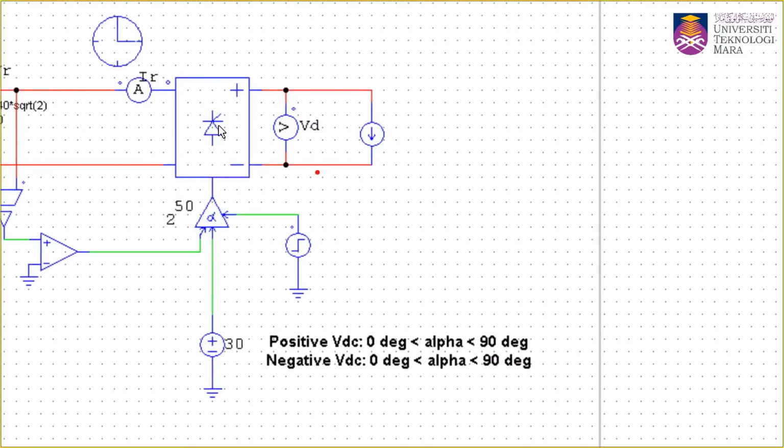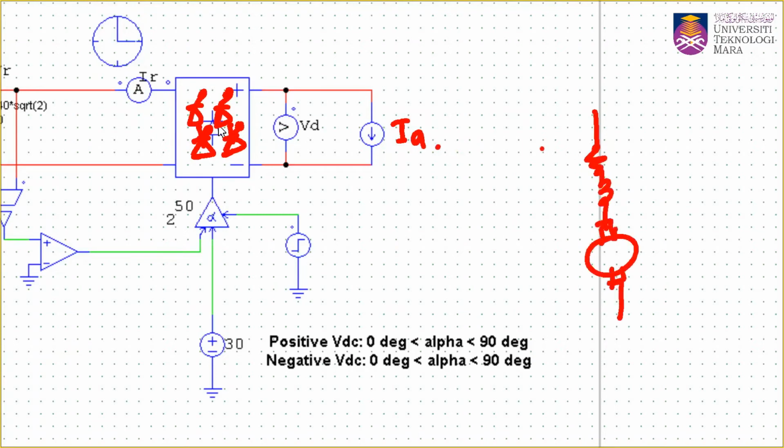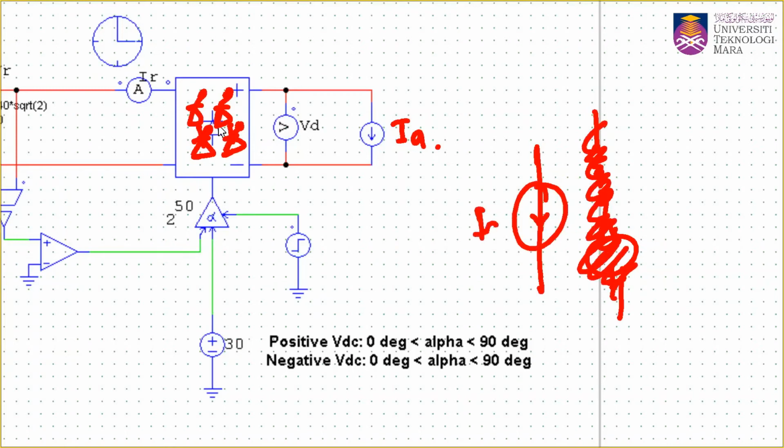Here we have 4 transistors. To understand the circuit operation, we replace the load with a constant current, or here we can have an armature current. Remember, just now we have RL and then the back EMF. So we replace this with a constant current IA, just to look at the behavior of the circuit.